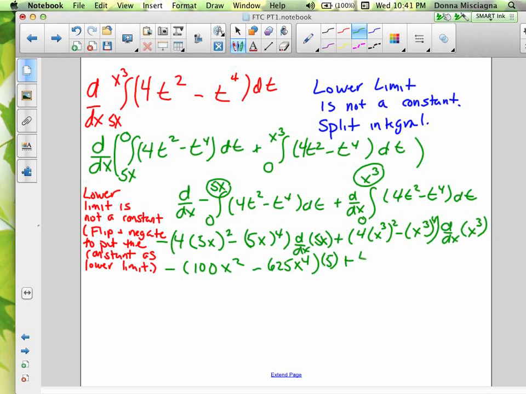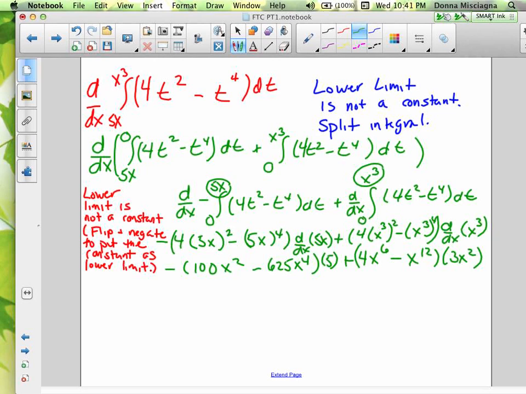That makes that 4x to the 6. I'll double check and make sure, yeah, I did not square the other 4. Good. Minus, need parentheses there, x cubed to the fourth power would be x to the 12th, times the derivative of x cubed, which is 3x squared. So I gave ourselves a challenge problem here.